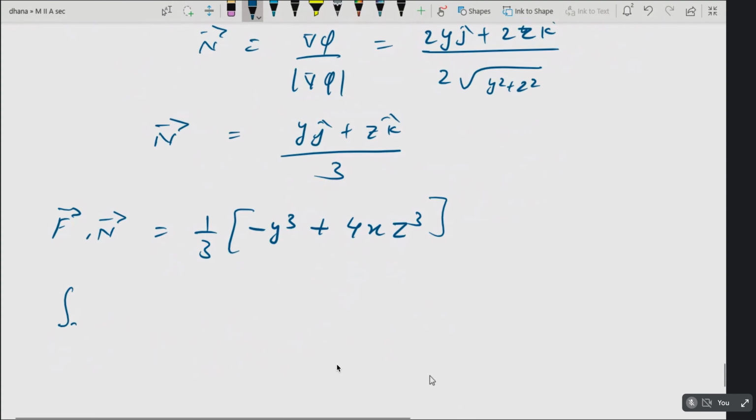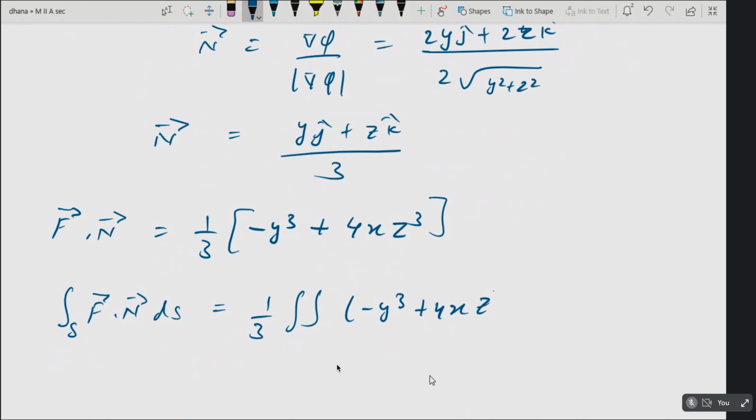So that means the surface integral of f bar dot n bar ds is now equal to 1 by 3 double integral of minus y cube plus 4xz cube. Now let me take the projection. ds also I need to write. Previously I took the projection on the yz plane.